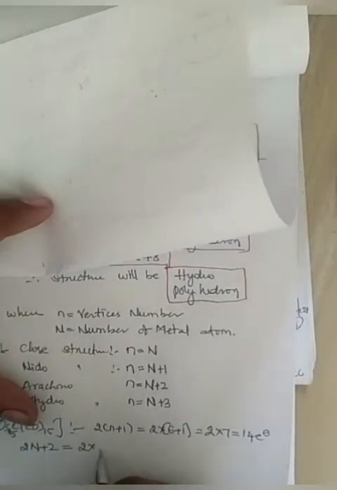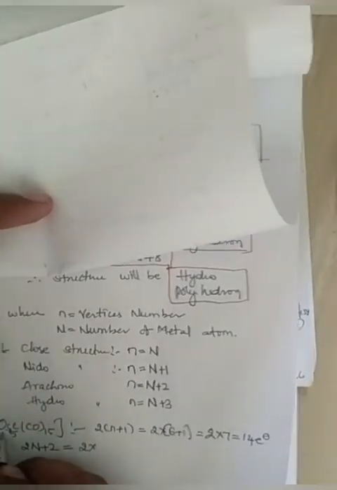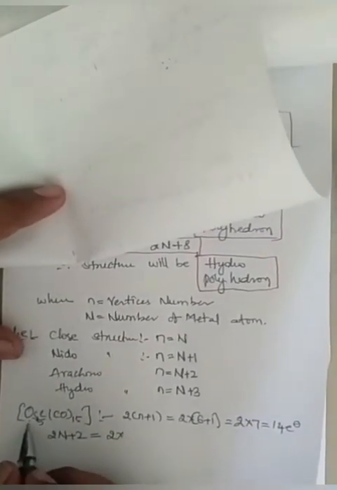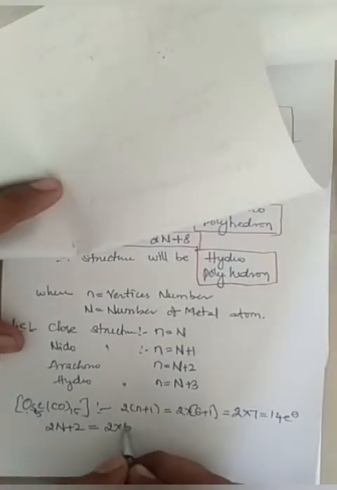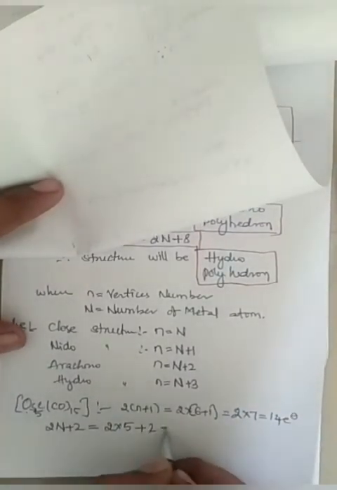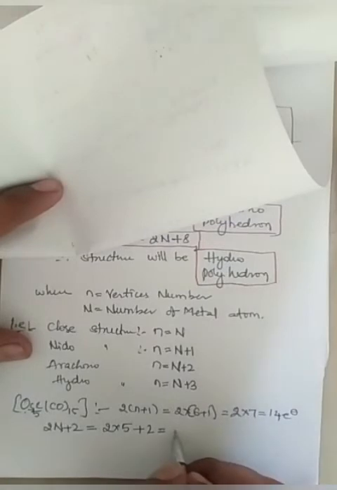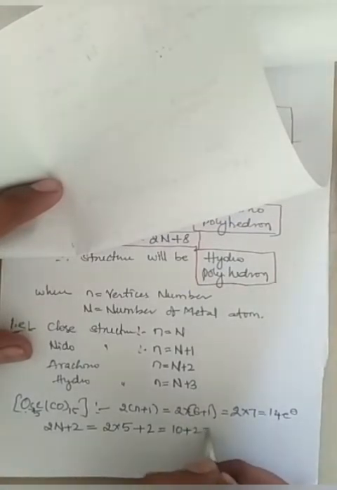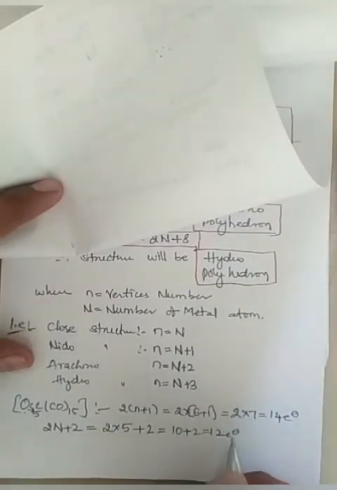And whereas if you want to calculate 2 into capital N plus 2, that equals 2 into the number of metal atoms, which is nothing but 5 osmium metals. So 2 into 5 plus 2, which equals 10 plus 2, equal to 12 electrons, right?